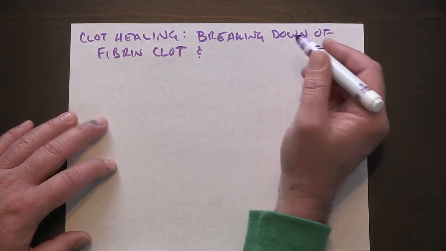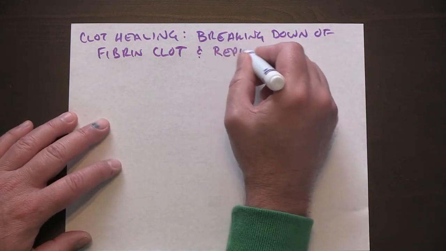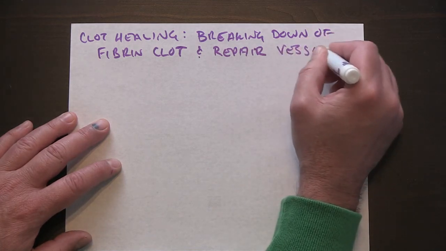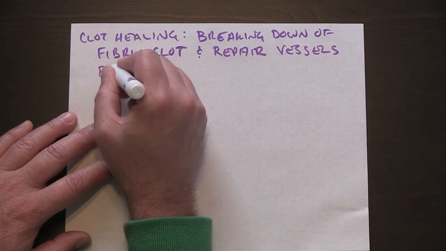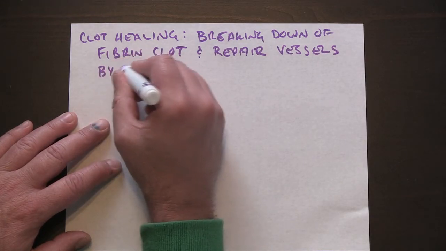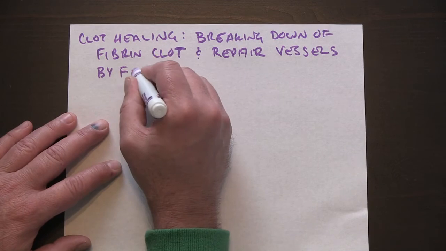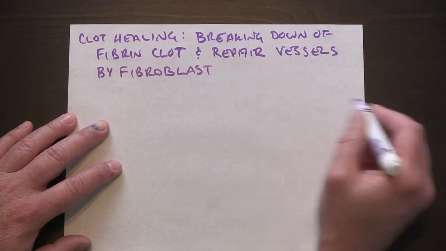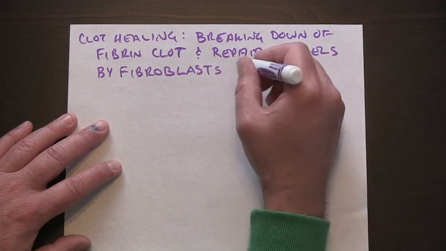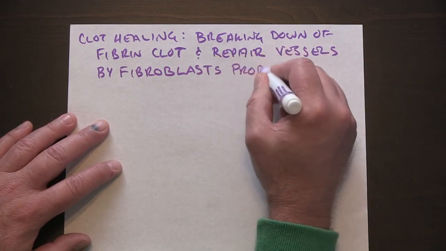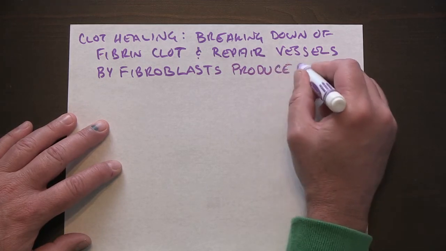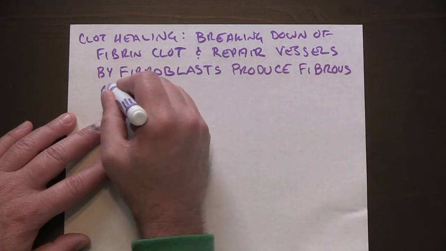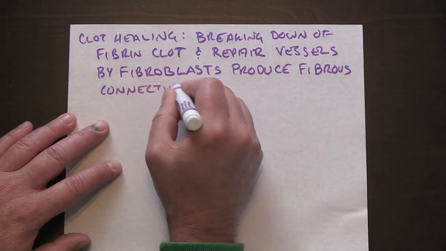And we also need to repair the blood vessels that are broken by the fibroblasts. Basically they produce a fibrous connective tissue that seals up the wound.